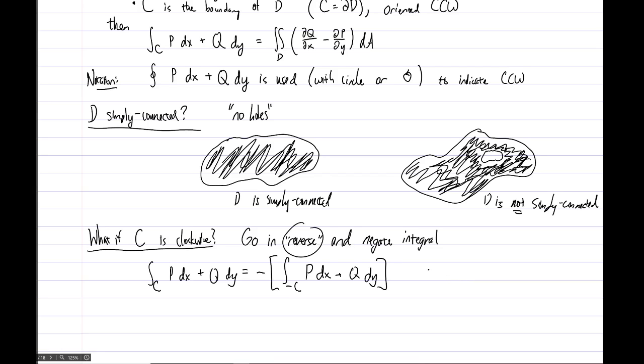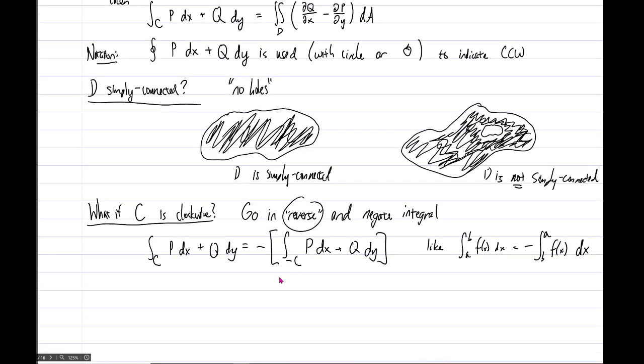But what is this like? This is actually like something from your Calc 1 class. The integral from a to b of f of x dx is equal to negative the integral from b to a of f of x dx if you swap the endpoints of integration. And it really is fundamentally for the same reason, and we're not going to get into those details exactly, but just treat it like that.